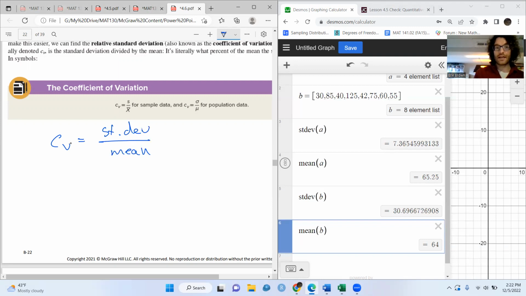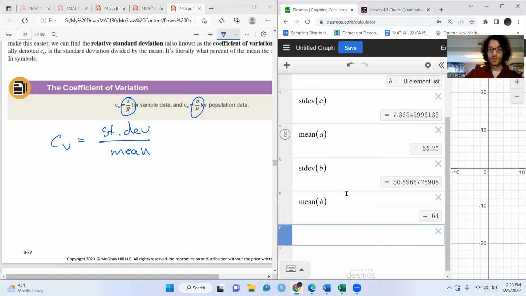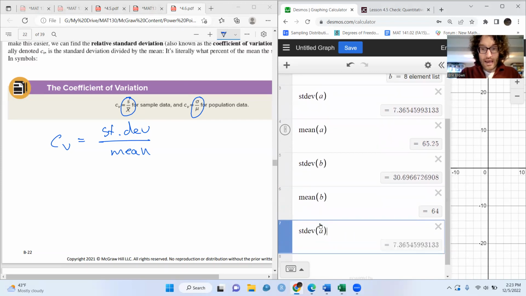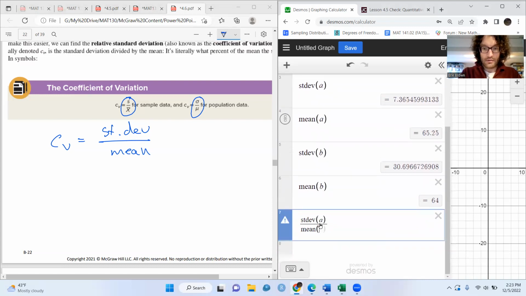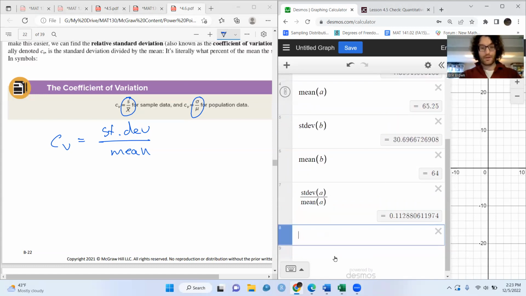Now, if we're working with a sample data set, we'd use the sample standard deviation divided by the mean. If it's a population data set we're working with, we'd use the population standard deviation, sigma, divided by the mean. So you need to be careful. You have to keep track of which one you are using, stdev or stdevp. For our problem, if we want to calculate the coefficient of variation for each of them, we can just take these values, stdev A, and divide it by mean A. There is the coefficient of variation for the first picture of the dogs.